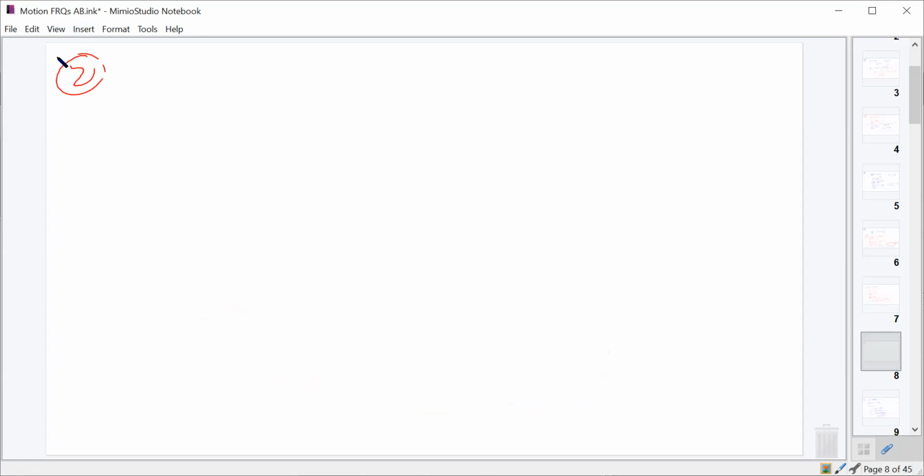So for number 2, we are given acceleration as 20t cubed minus 6t, and we're given that the initial position s of -1 is 2, and that s of 1 is 4, and we're asked to find what v of t is equal to.